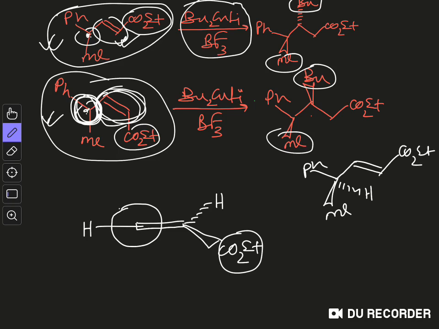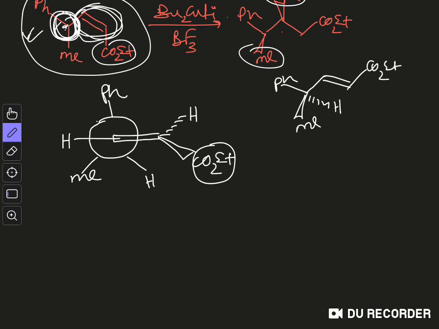To draw it in the Newman projection formula, we will put the phenyl group at the top, and here we have the methyl group and here we have the hydrogen.